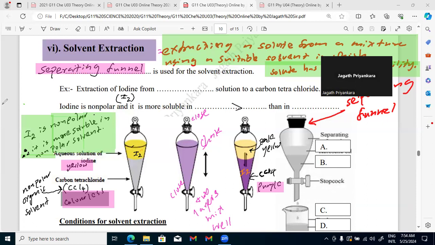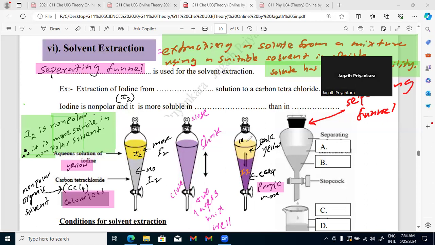Why? At the beginning, more iodine was left in the aqueous layer. Here there is no iodine, here no iodine; this one has more iodine. Now what has happened? Purple has more iodine, and this one has less iodine.